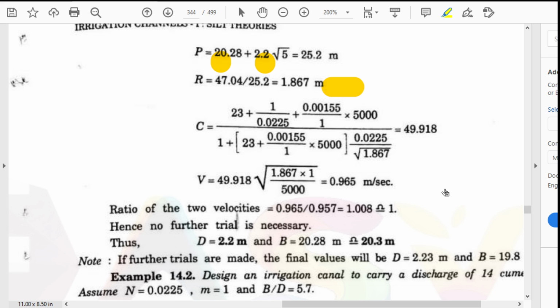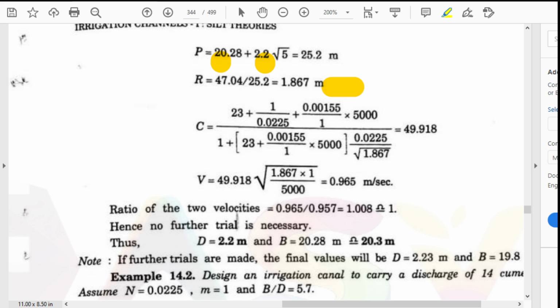So no further trial is necessary. We can conclude that the depth of flow can be taken as 2.2 meters. Bed width can be 20.28 meters or 20.3, you can approximate it.